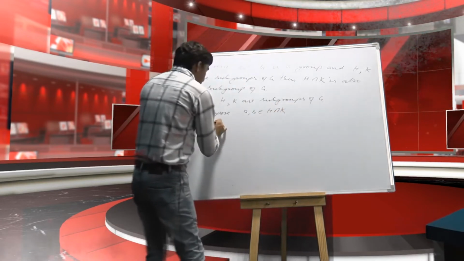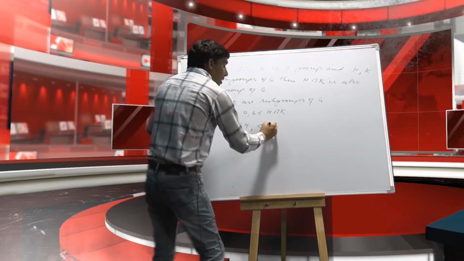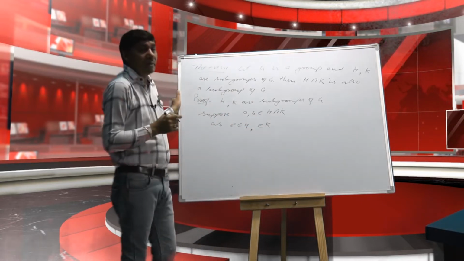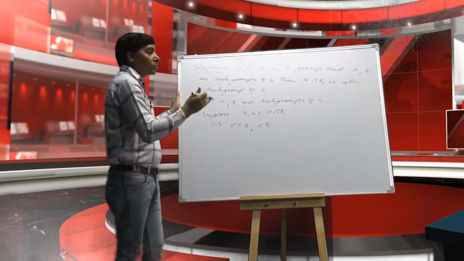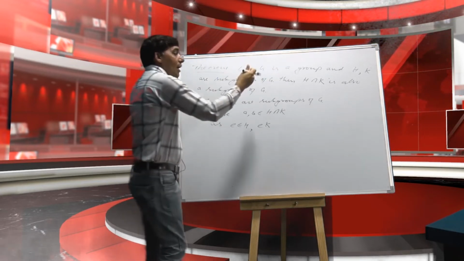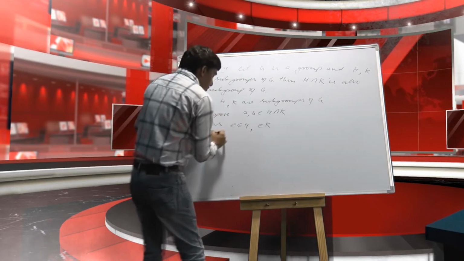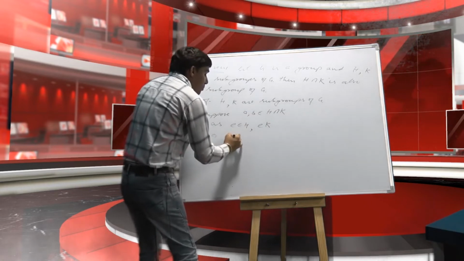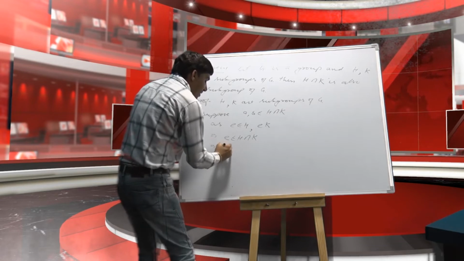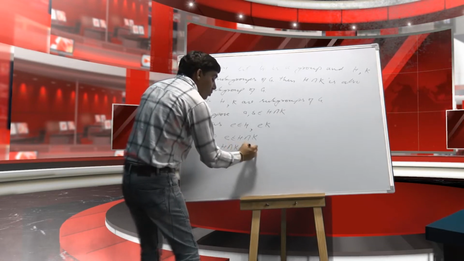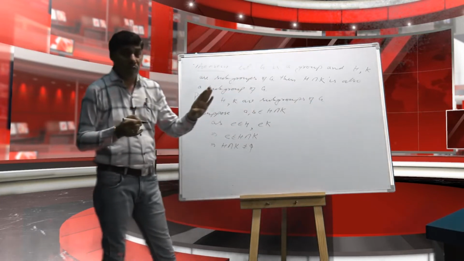E belongs to H, E belongs to K, where E is the identity element of the group G, and the identity element of the group G is the identity element of the subgroups H and K. Therefore, E belongs to H intersection K. This implies H intersection K is not equal to phi. That means the intersection of two subgroups is non-empty.